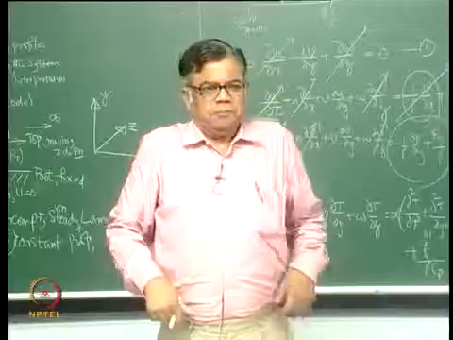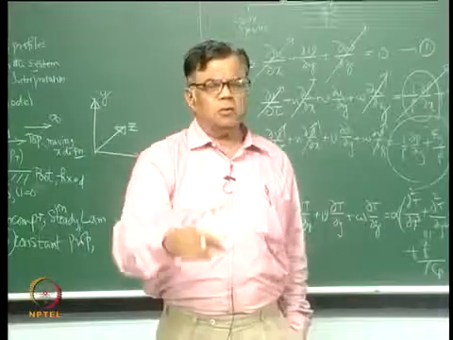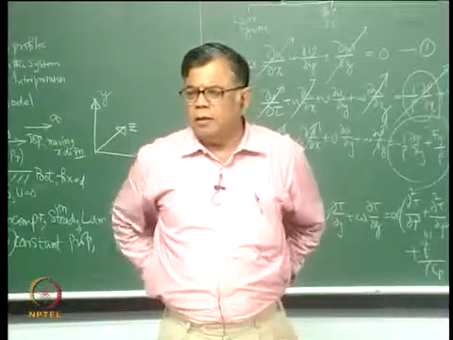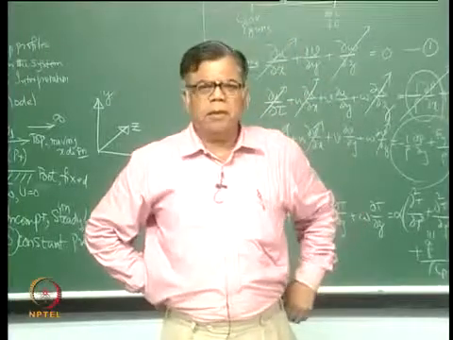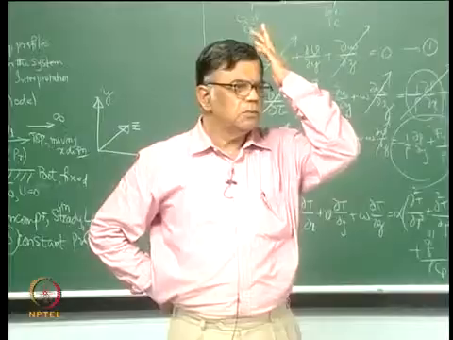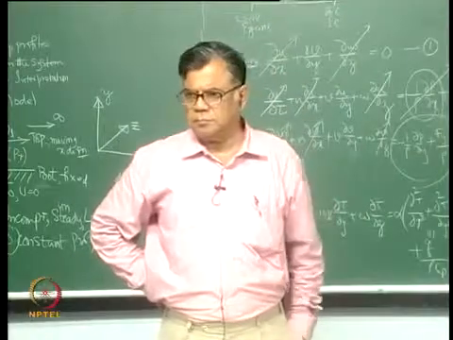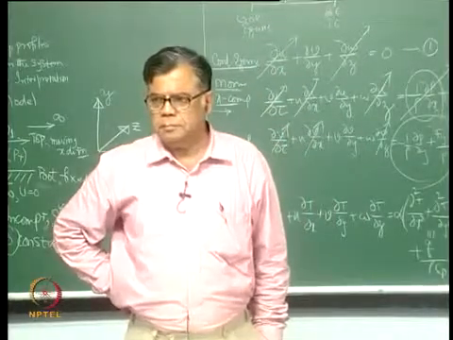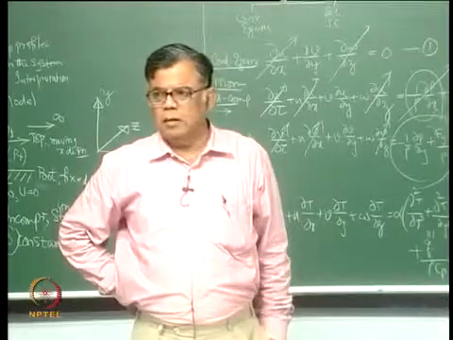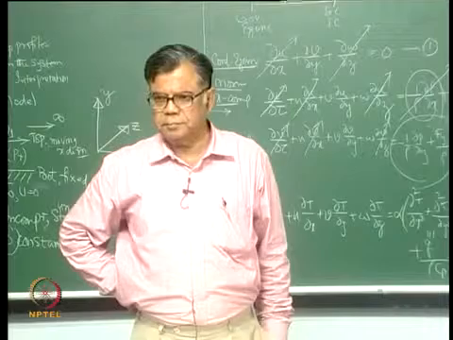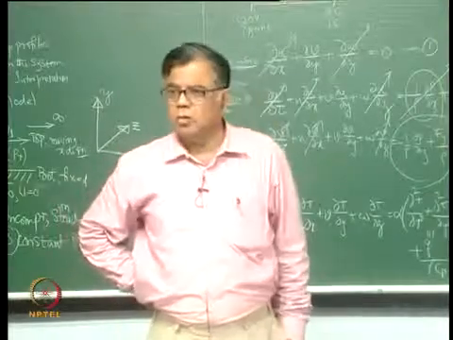So now get the equation and automatically you will get the solution. Find out what it is. 1 by rho dp by dy equal to minus rho g.